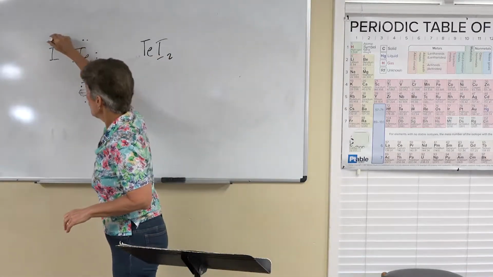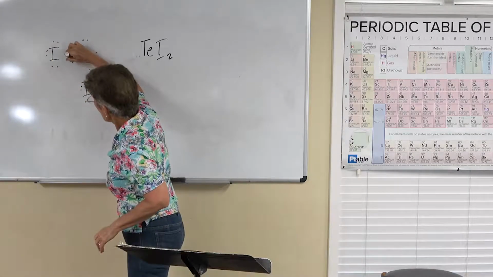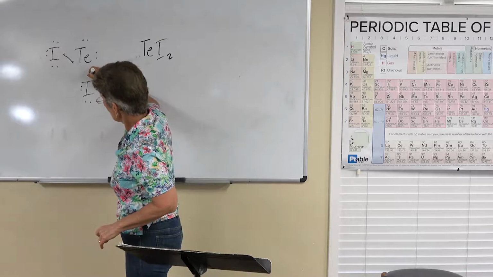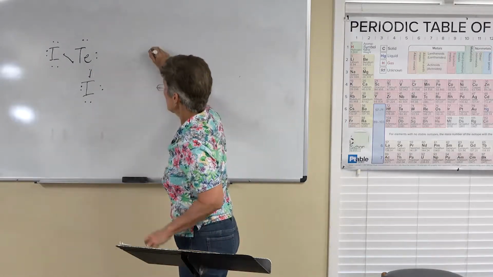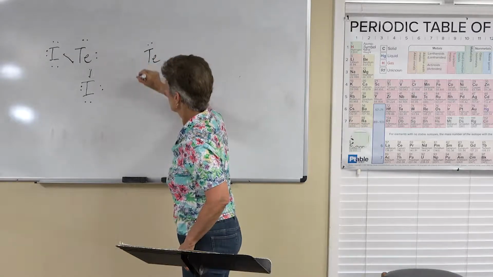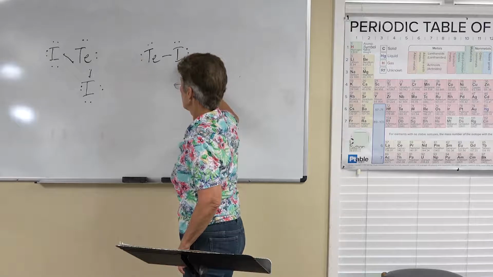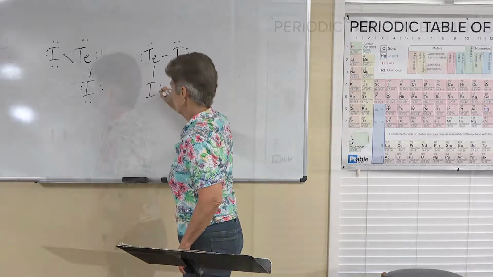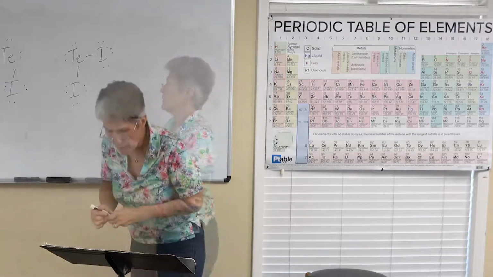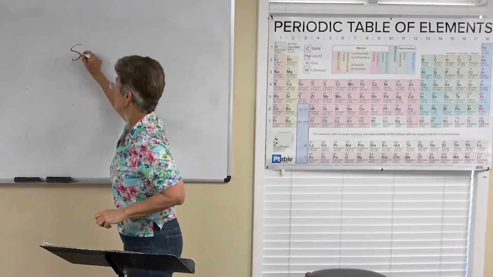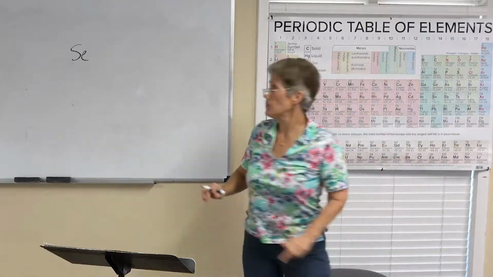So it's not cheating. 1, 2, 3, 4, 5, 6, 7. We have an unpaired pair there and 1 here. So when we rewrite this, like that.